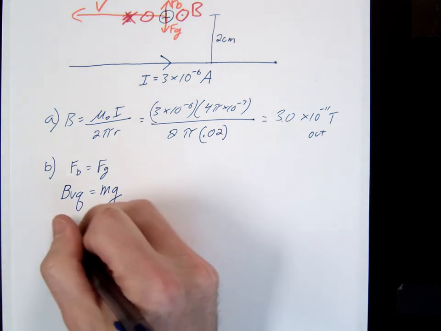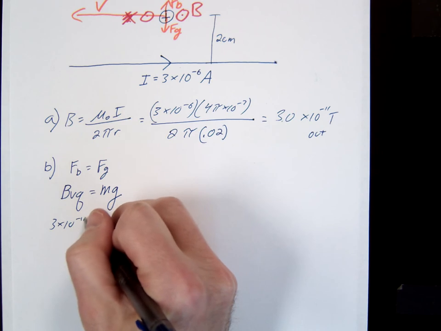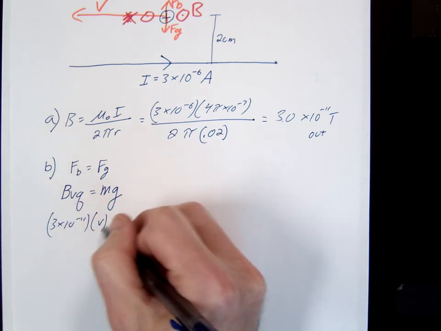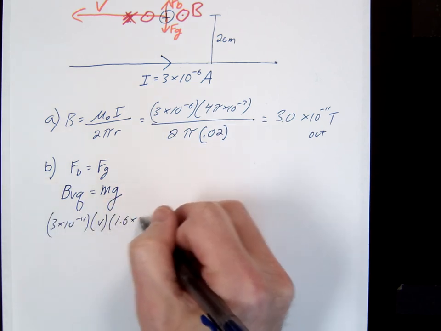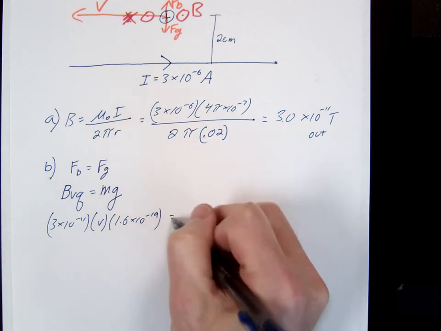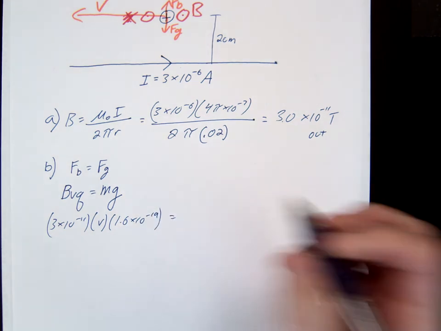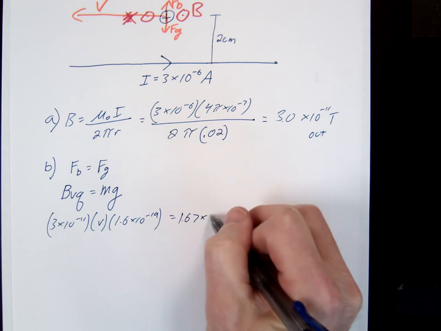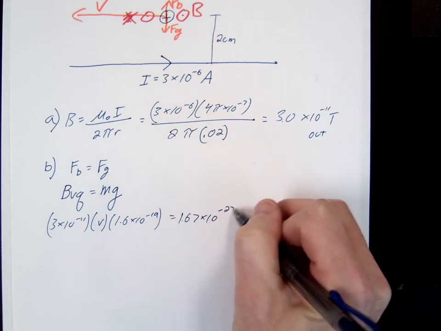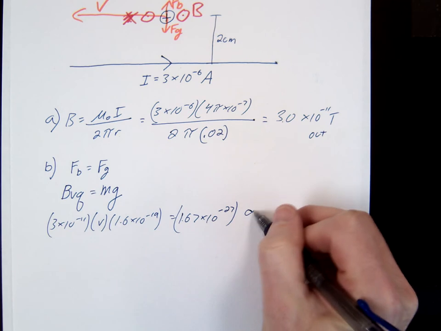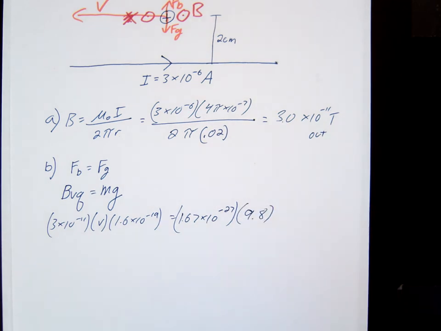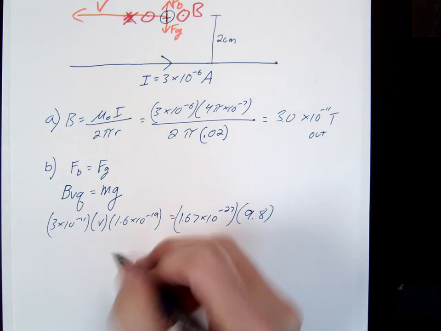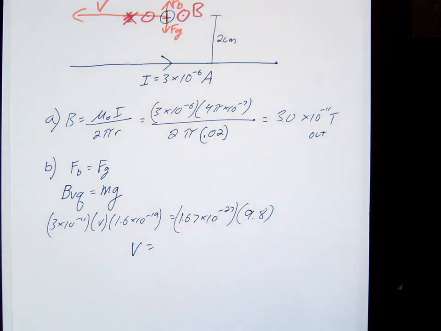So let's do that. So we have 3 times 10 to the negative 11th. v is what we're looking for. q is a proton. You guys remember the mass of a proton? And hopefully we're not faster than the speed of light. Actually, it doesn't look that fast.